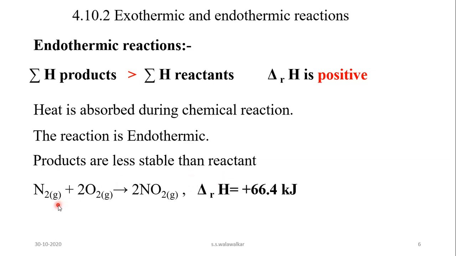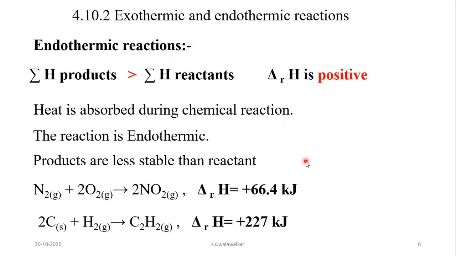For example, N2, that is nitrogen in gaseous state, when it reacts with oxygen in gaseous state and produces 2 moles of NO2 gas, then during this chemical reaction delta HR, that is the enthalpy change of this particular reaction, is plus 66.4 kilojoules. That means the sign is positive, and therefore this reaction is an example of an endothermic reaction.